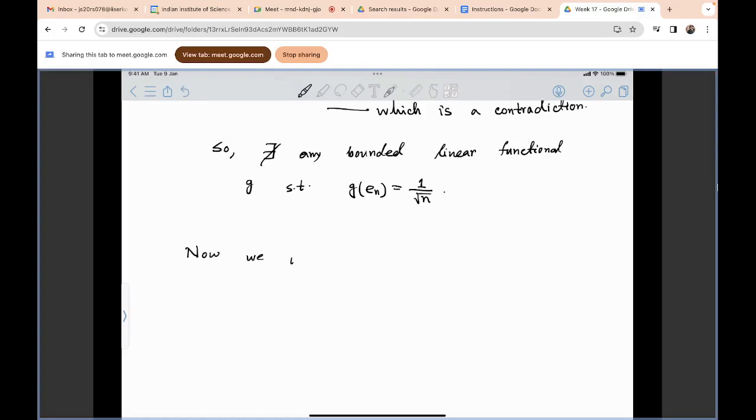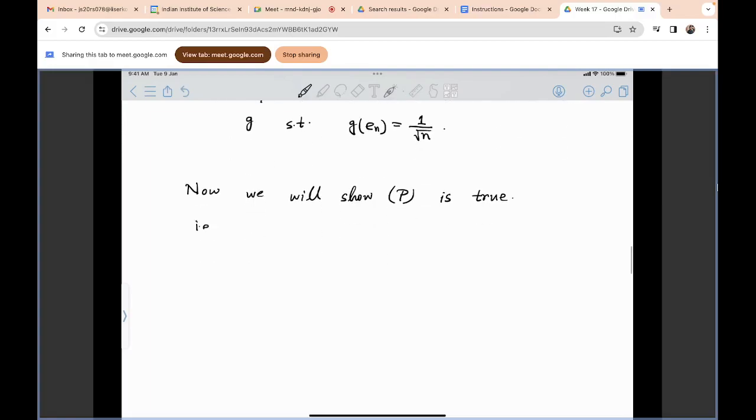What we will show is that there exists a bounded linear functional f from H to C such that f of En equals 1 by n.